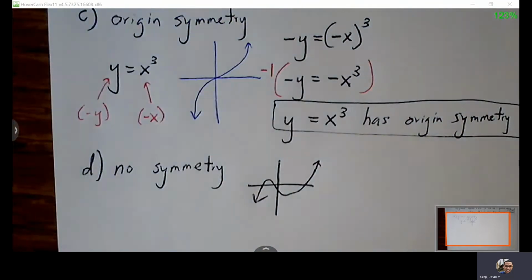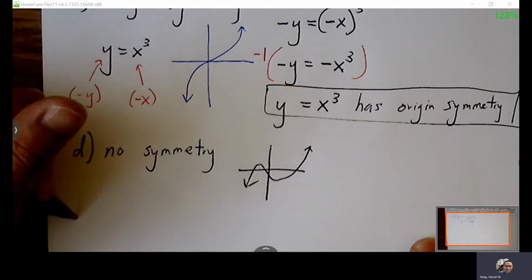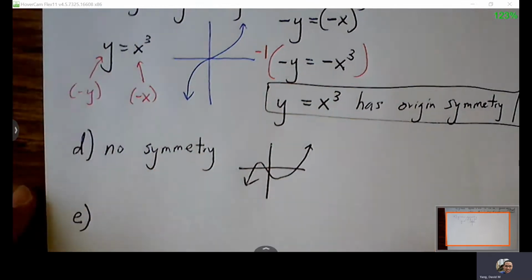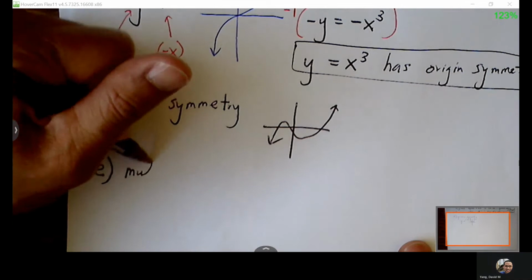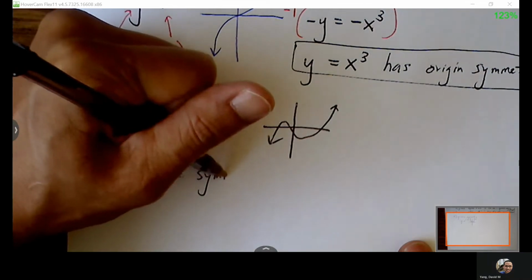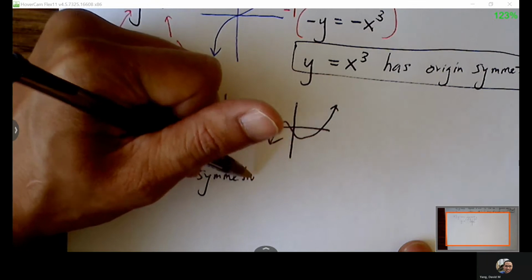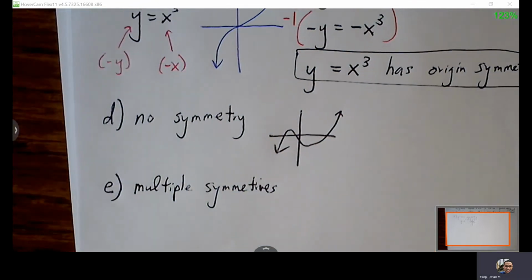It doesn't matter if you flip it upside down or if you fold it over the x or y axis, we're not getting any of the symmetries to occur, so that's possible. And we're going to see an example of this later on, that you could have multiple symmetries, where it passes more than one test.